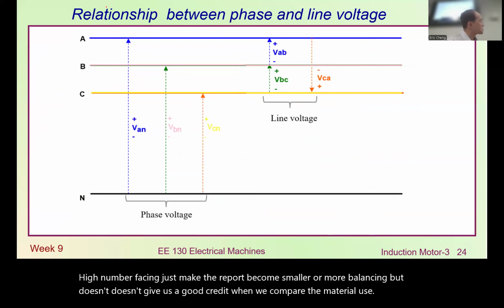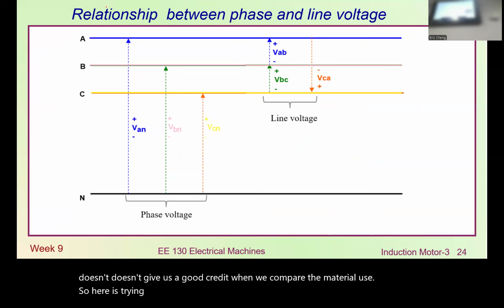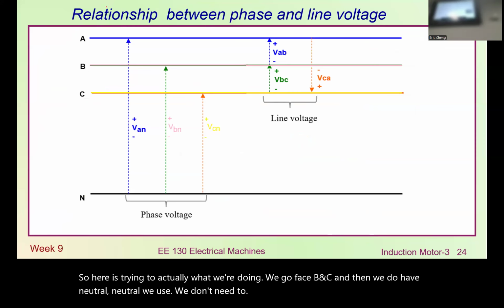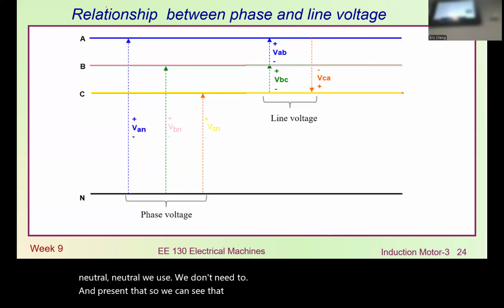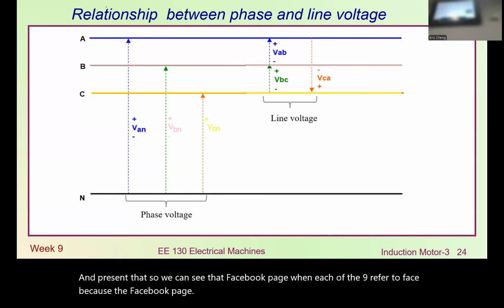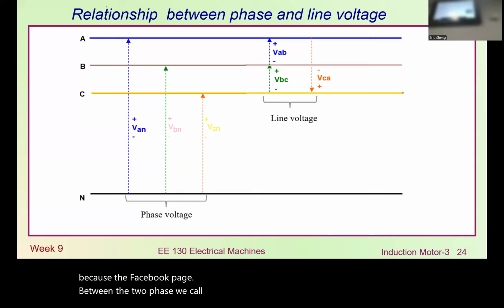So here I'm trying to illustrate what we're doing. We have phase A, B, and C, and then we do have neutral. Neutral we usually don't need to present. So you can see that the voltage between each line and neutral, we call the phase voltage. Between two phases, we call it the line voltage. That's all.